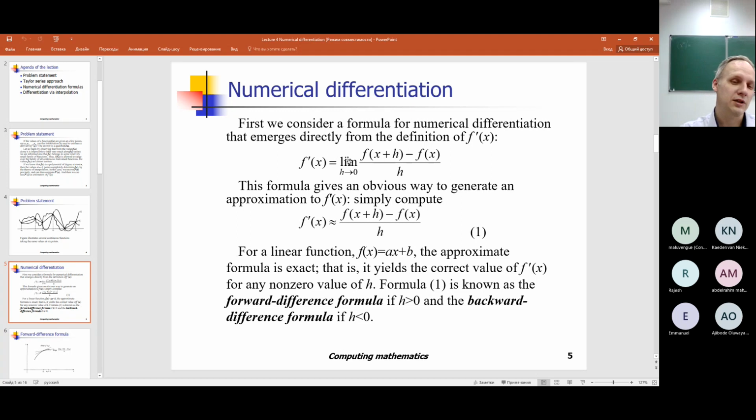Let's remove the sign of the limit. Let's take a small but fixed value of h. In this case, we can say that the first derivative will be approximately equal to f of x plus h minus f of x over h.